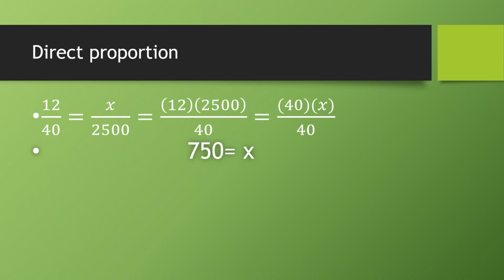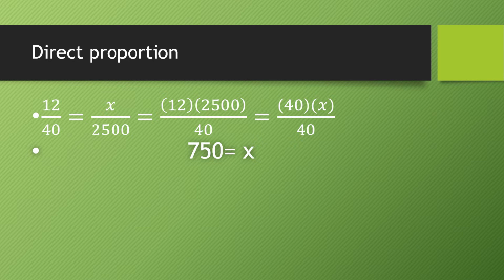When you check, kapag sinubstitute natin si 750 kay x, same ratio ang makukuha natin. So, parehas, the product of 12 by 2,500 and 40 by 750.